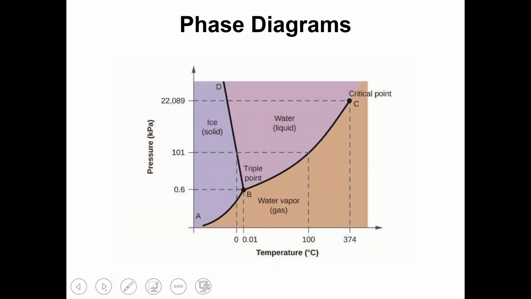We can actually make a phase diagram for pretty much any substance, and that phase diagram gives us some specific information about the substance. For example, if we look at the phase diagram for water, we can see where the triple point for water is and where the critical point for water is.